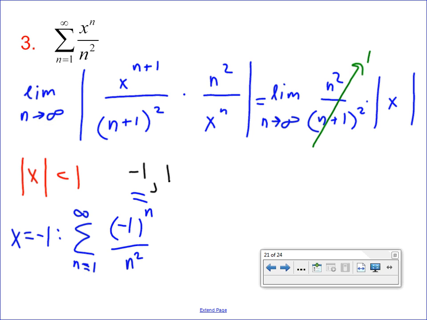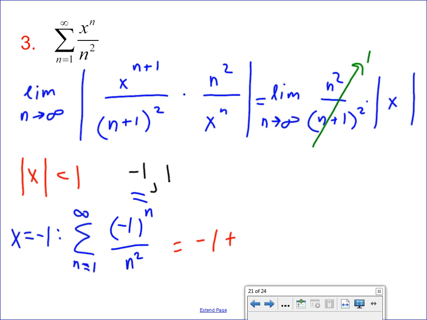Isn't this the reciprocal squares alternating? So the question is, does this converge? Absolutely?